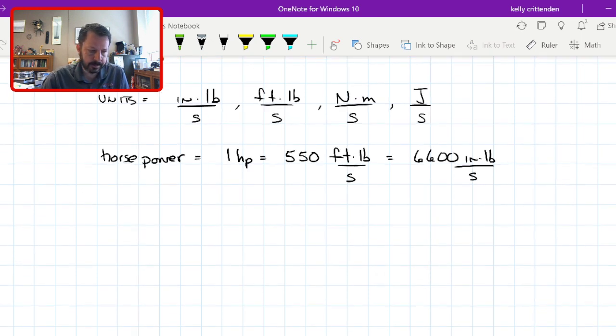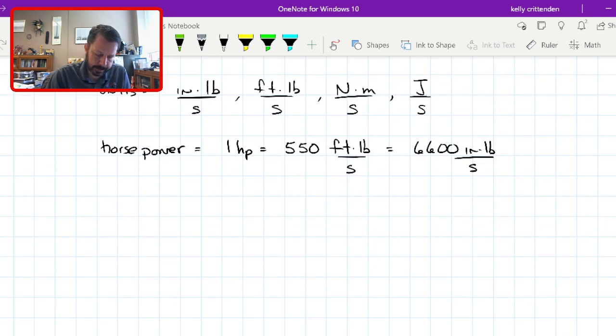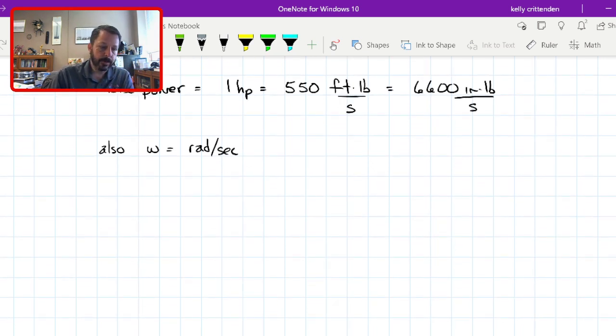Another set of units here: omega is radians per second, but when you're talking about how fast that engine is spinning or the speed of that shaft, you usually, at least in the US system, don't talk about radians per second. You talk about RPM, revolutions per minute. So we do need to be able to also convert radians per second over to revolutions per minute.